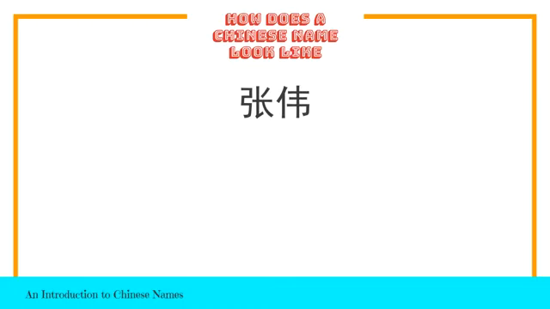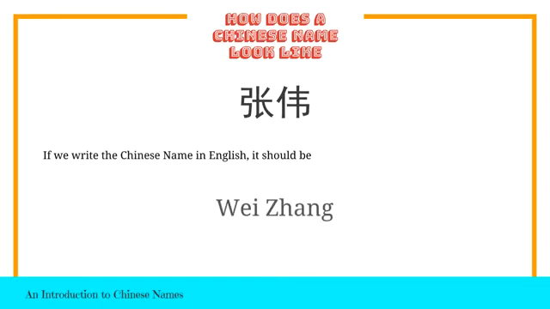But now let's have a look. How does a Chinese name look when written in English? So, Zhang Wei, if we write the Chinese name in the English order, it should be Wei Zhang, right?